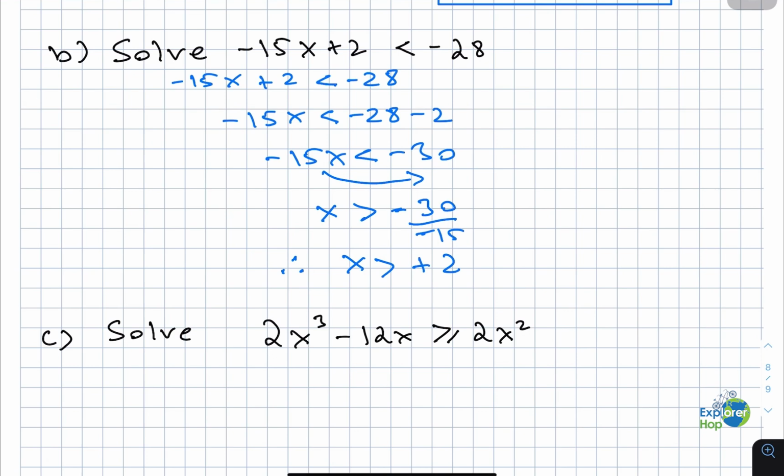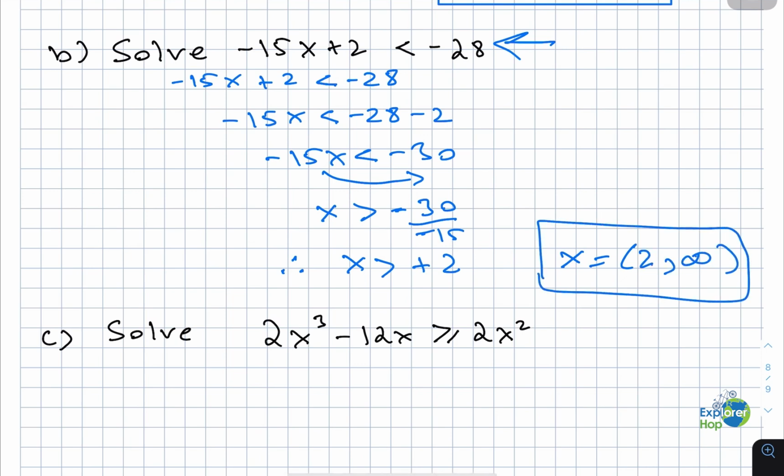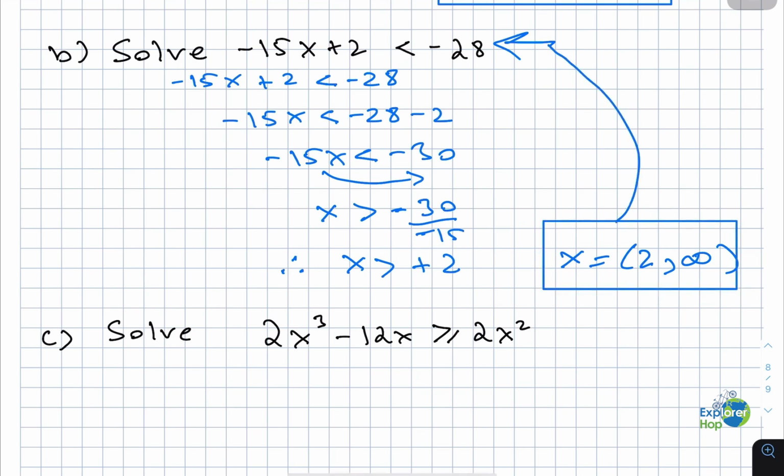And we can also write this down: the solution for this inequality is x goes from 2 to infinity. That's our answer for this. Now that we have part B as well, let's move on to part C.